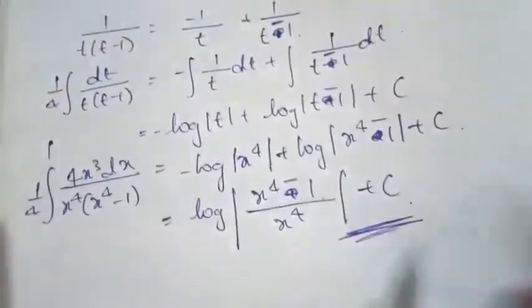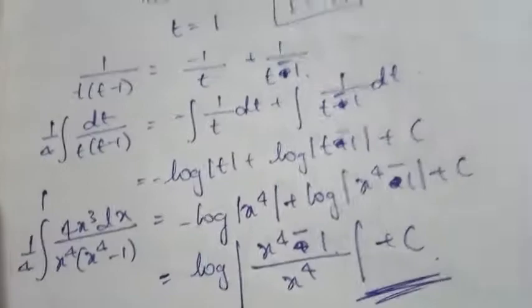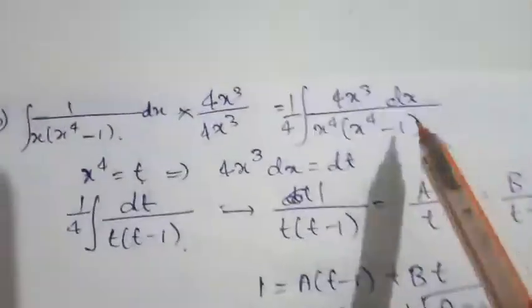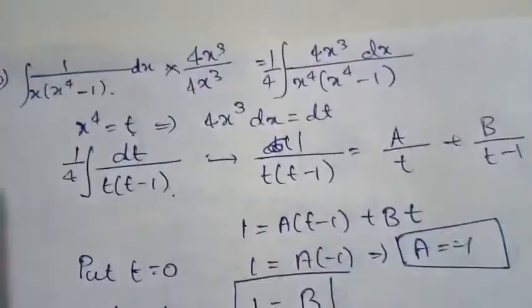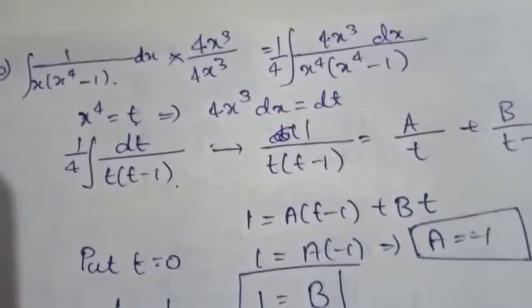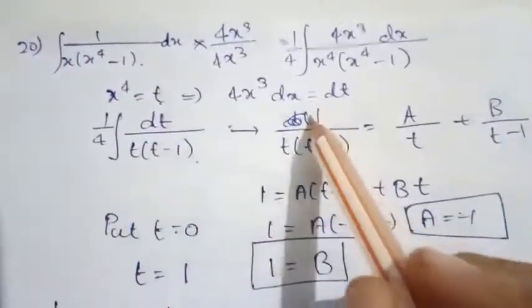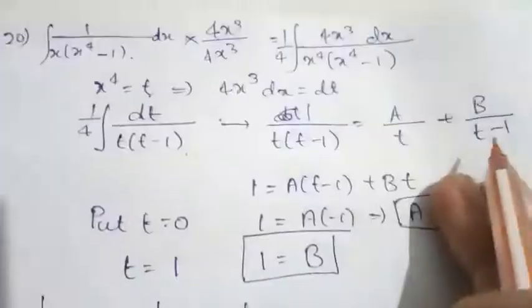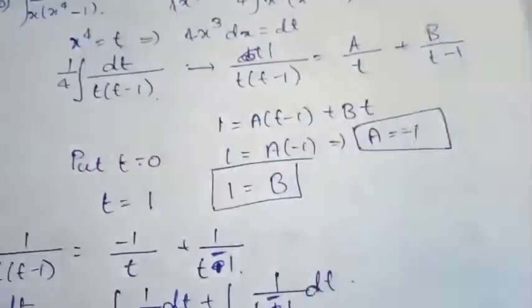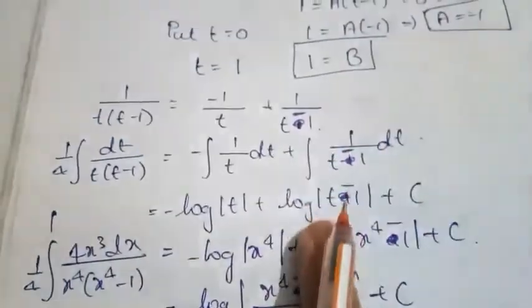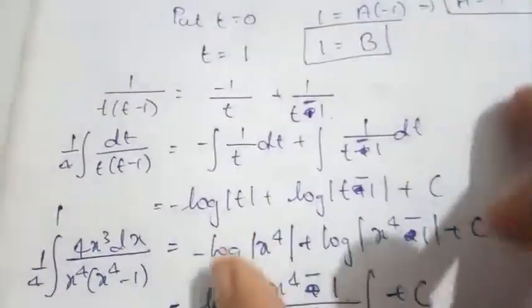So this is the integral of the given question, where we have made a little alteration as per requirement, so that we can get our answer as quickly and as easily as possible. After that we did the substitution followed by the partial fraction, so that we get the values of a and b. Then with the a and b values, we go to the integration part.